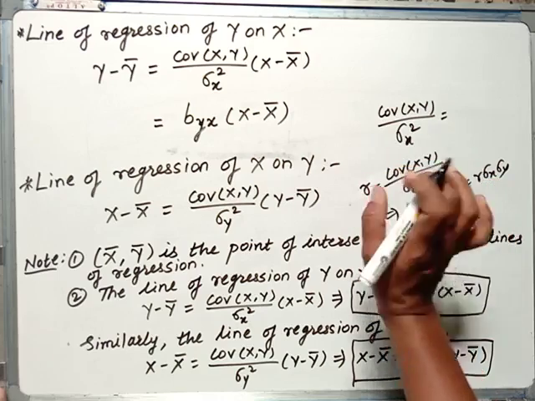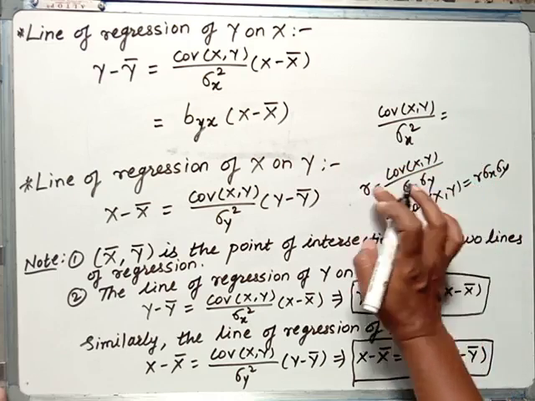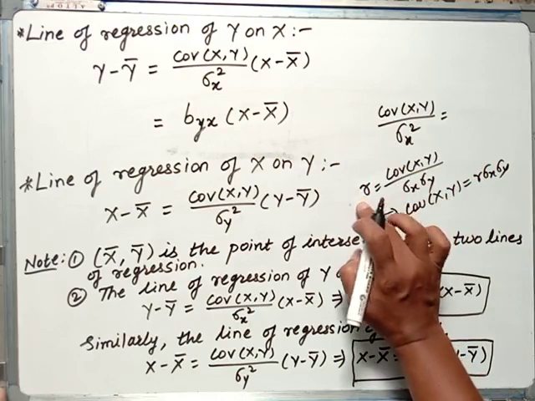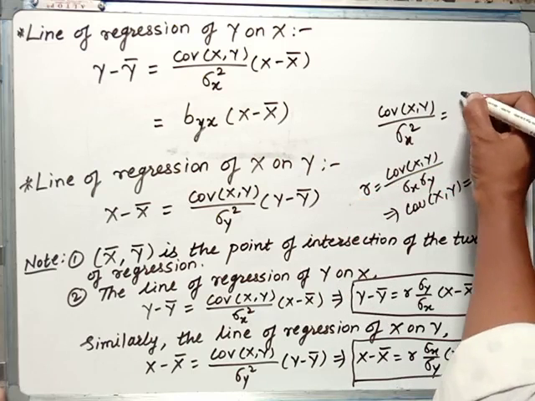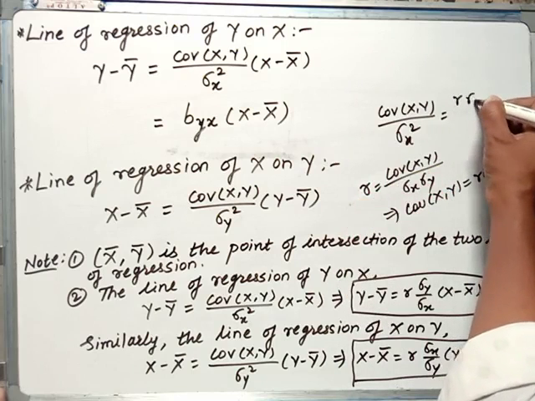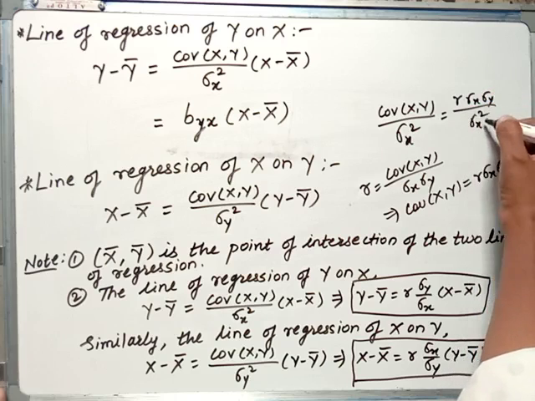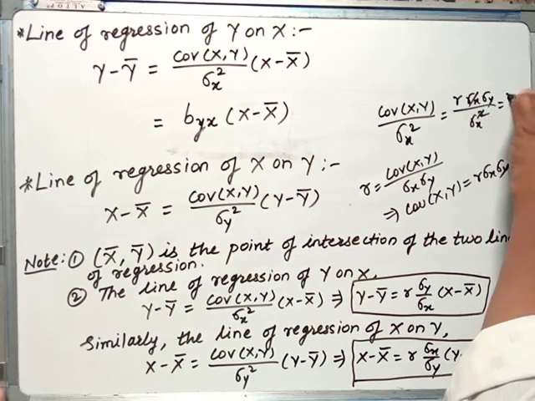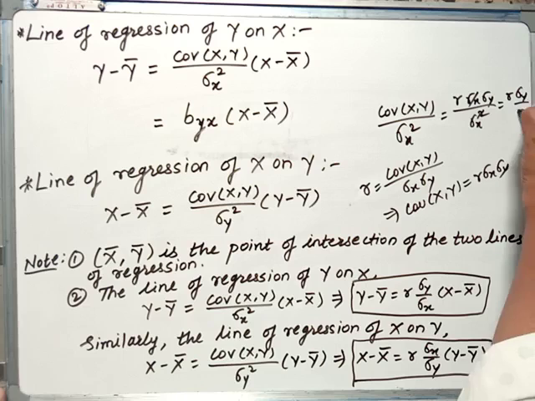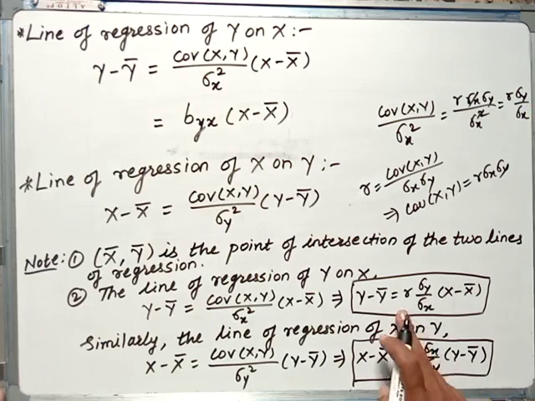Take this denominator to left hand side. So covariance will become a product of the standard deviations with correlation coefficient. So let me put that value, R sigma x sigma y upon sigma x square. So one of the sigma x gets cancelled. So this is R into sigma y upon sigma x. The same thing I have written here. Similarly for this, denominator is sigma y square. So one of the sigma y gets cancelled. This is the remaining part there.